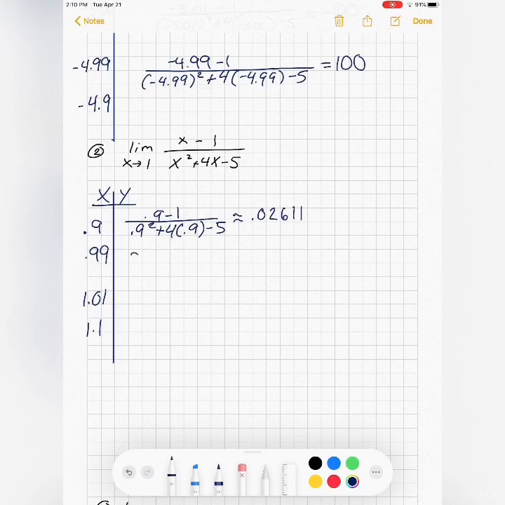Okay, looks like I'm getting about 0.1669. Okay, let me try the one on the other side.